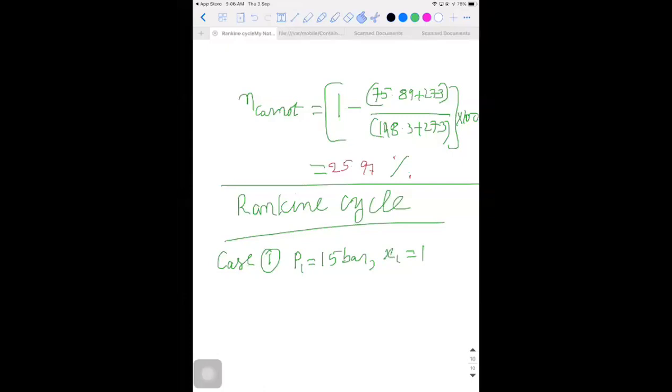And let us solve this problem using Mollier chart or HS diagram.